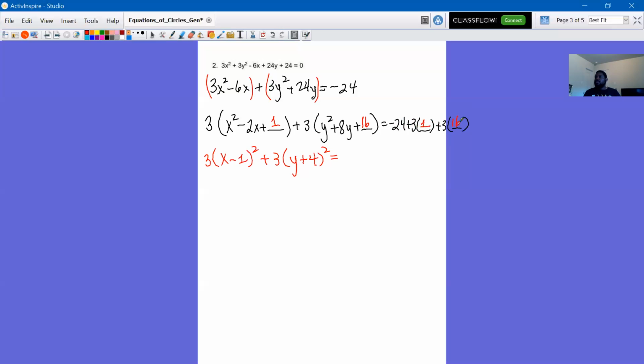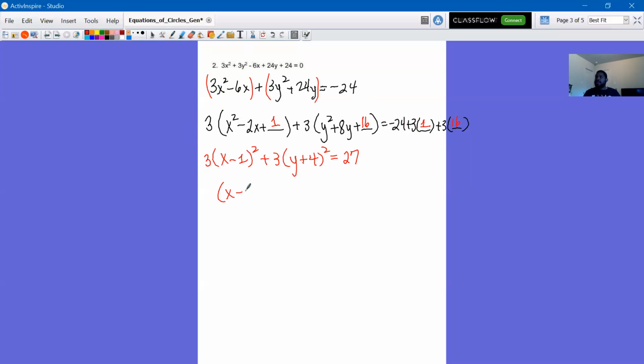And then negative 21 plus 48 is 27. And now we need to divide everybody by 3 finally.